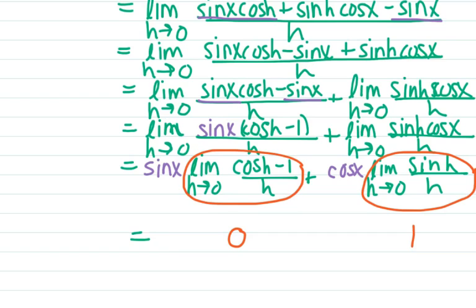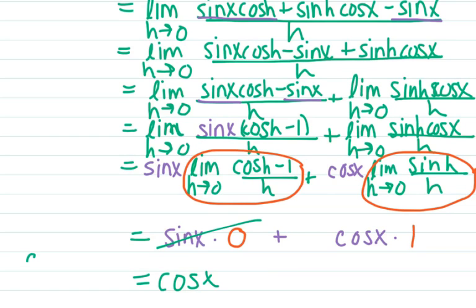So this leaves me with sine x times 0 plus cosine x times 1. And guess what? That leaves me with cosine x times 1, which is cosine x. This is why the derivative of sine x is just cosine x. Woohoo!